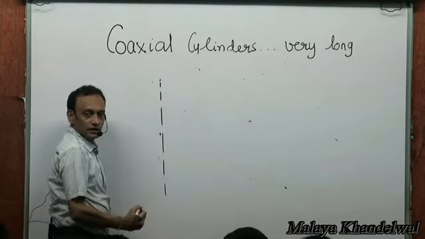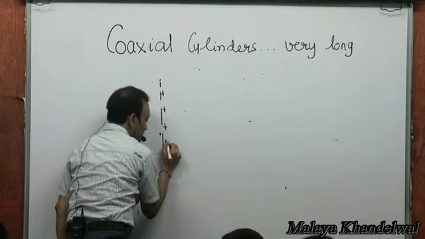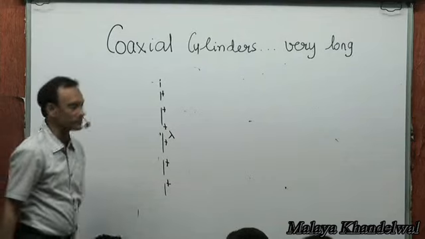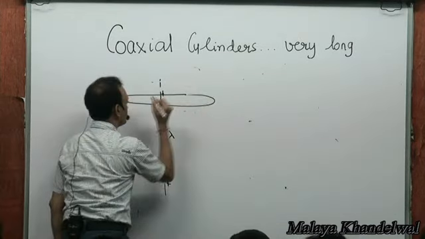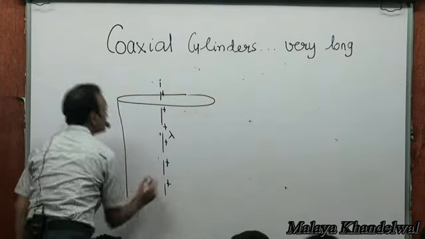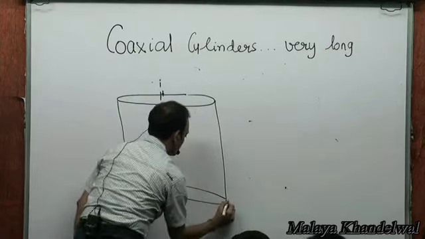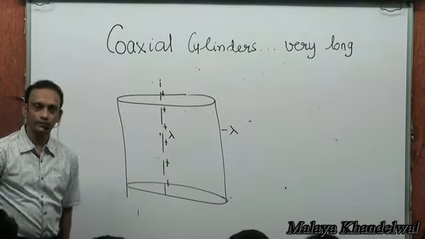For the inner cylinder, you could imagine the charge to be on the axis of the cylinder, charge per unit length λ on the axis. This is the outer cylinder. The charge per unit length here is minus λ.